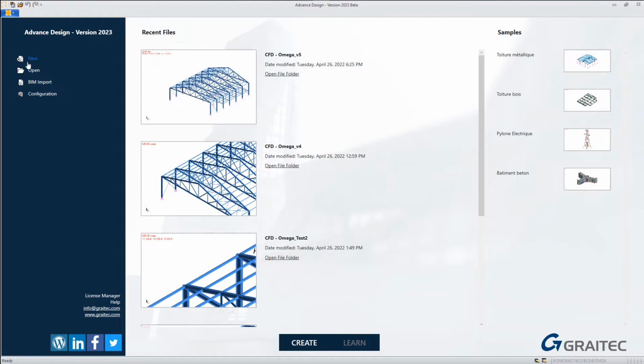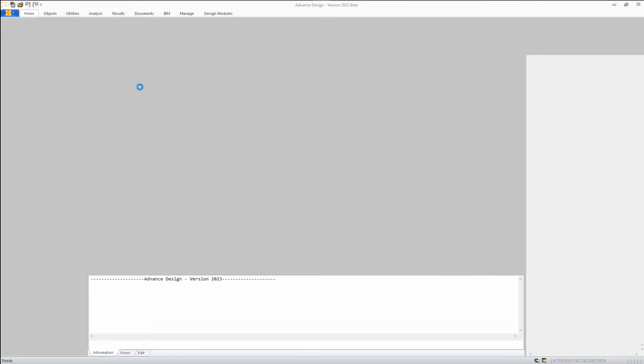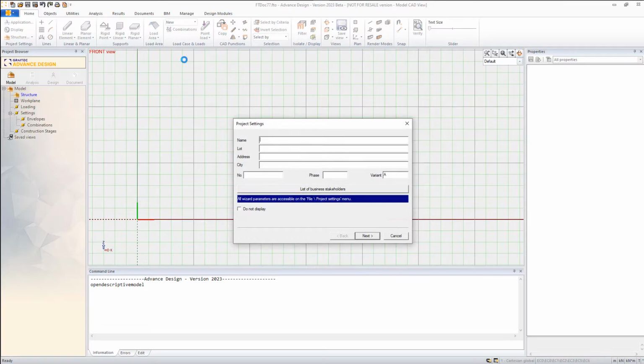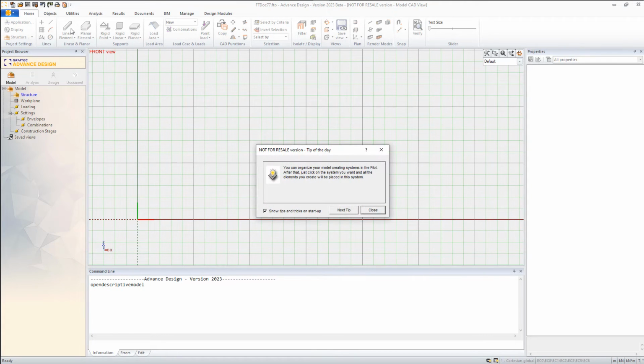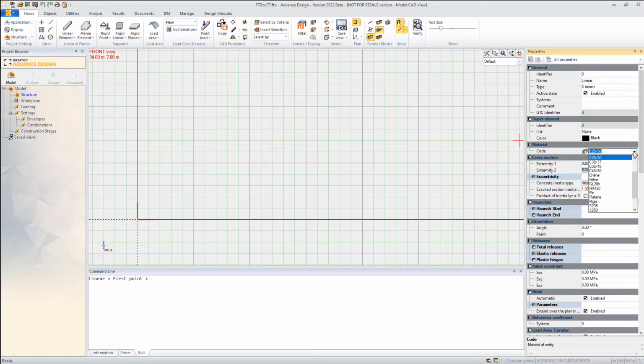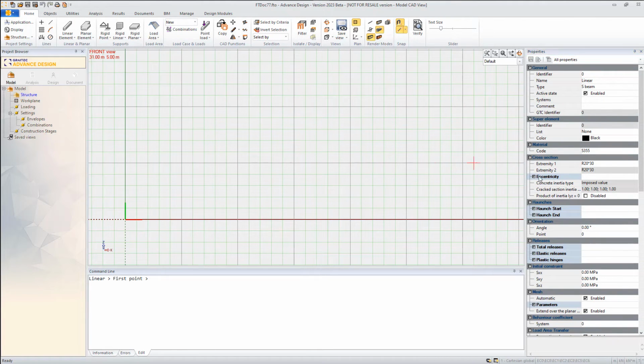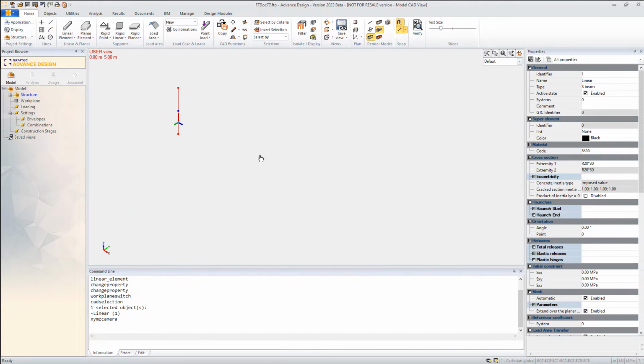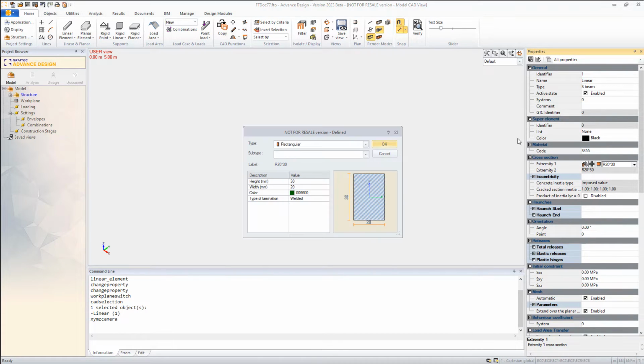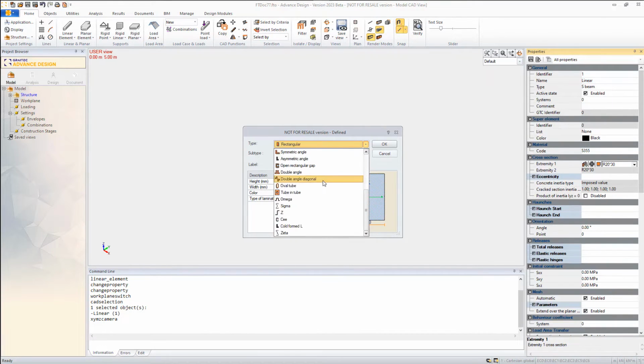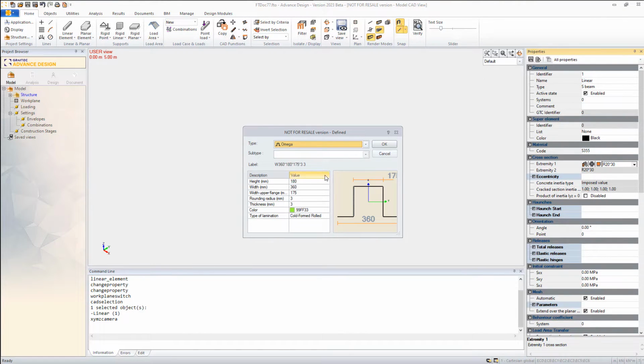So I will open the Advanced Design program. We will start a blank project, and when you select a linear element, first you will select a steel grade, so you would usually go for a high one like a 355 or 350, and in the properties you select a parametric, user-defined section, and you will find at the end of the list the omega section.